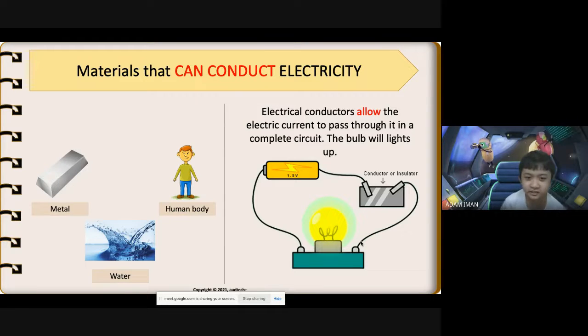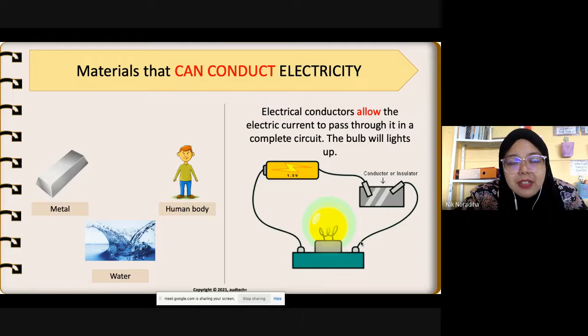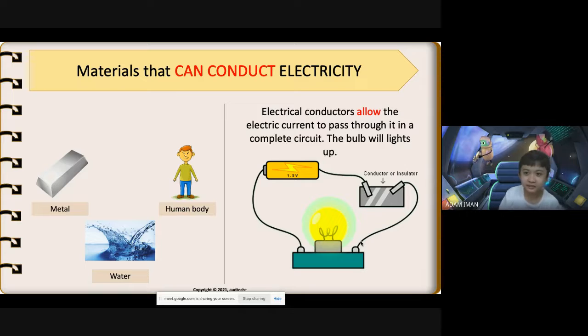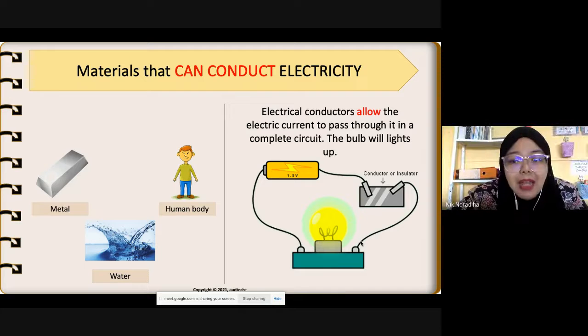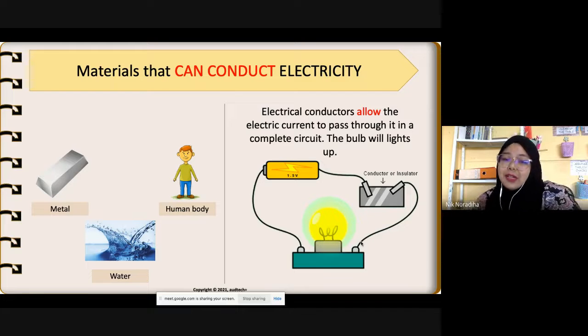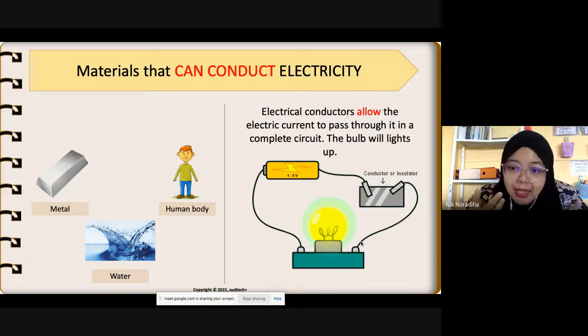Because the material is electrical conductor, so it will allow or did not allow? It will allow the electric current to pass through it. So if electric current can pass through, then only the bulb will light up.